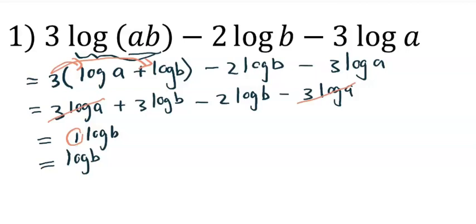You must always read in the context of the exercise what the base is, because we also have another log, which we call the natural log, and you will encounter that in first year mathematics.